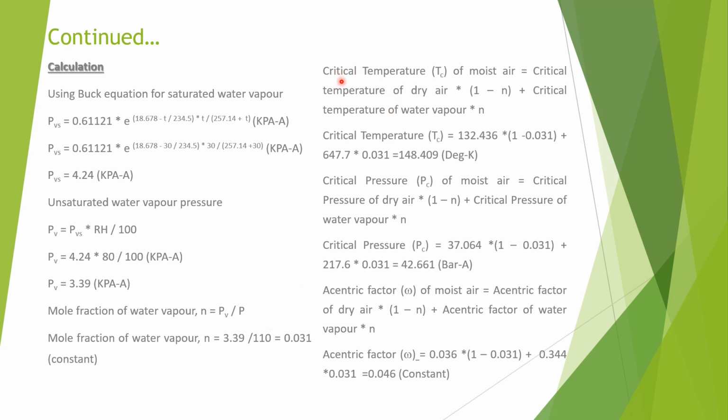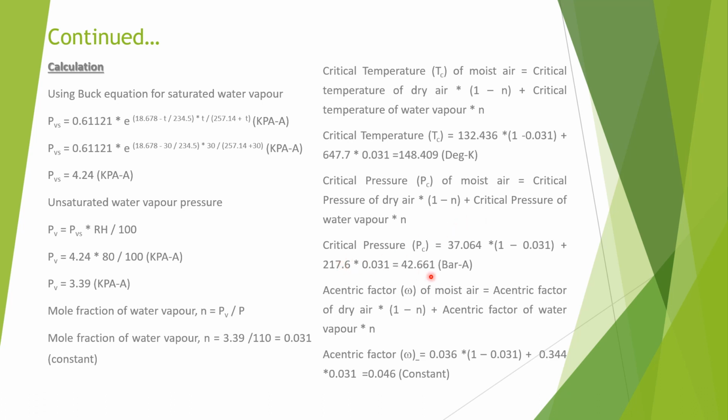So critical temperature of moisture is equal to critical temperature of dry air into bracket start 1 minus n bracket close plus critical temperature of water vapor into n. Putting all the data, critical temperature comes as 148.409 degrees Kelvin. Critical pressure of moisture is equal to critical pressure of dry air into bracket start 1 minus n bracket close plus critical pressure of water vapor into n.